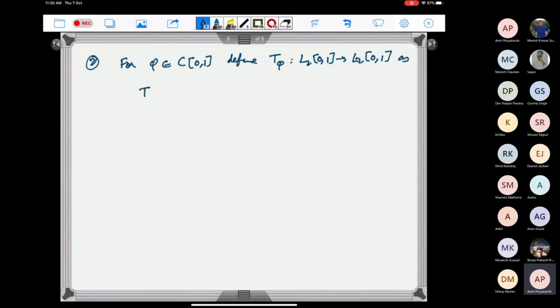Yes, this is the multiplication operator. So T phi of any f in L2 at t is equal to phi of t times f of t, for t in [0,1].